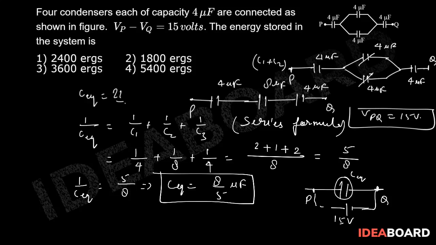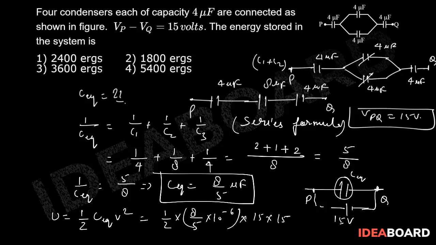So that energy is U is equal to half C equivalent into V square. So that would be half, C equivalent is 8 by 5 into 10 to the power minus 6, into V is 15, so 15 into 15, correct?